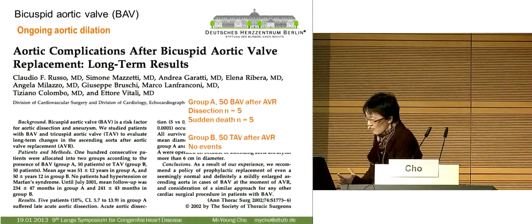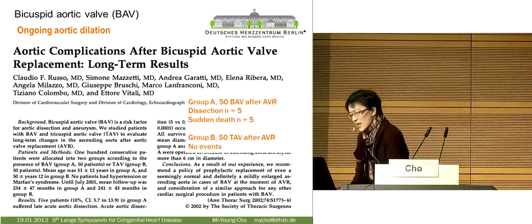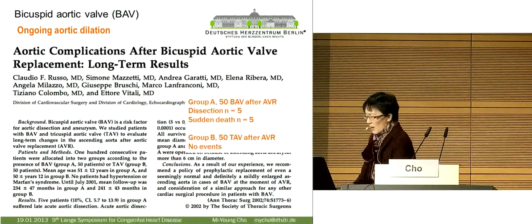Russo and his Italian group looked at people with bicuspid aortic valve who had already received an aortic valve replacement and compared them with people with tricuspid aortic valve after aortic valve replacement.